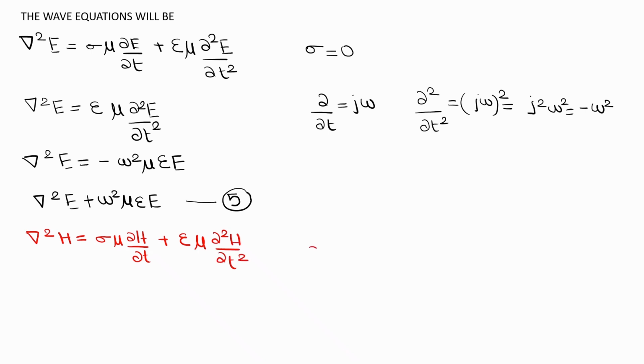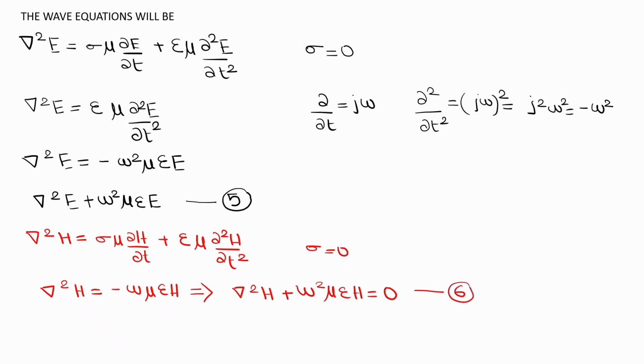And here we know sigma equal to 0. Then the equation becomes del square H equal to minus omega square mu epsilon H, which implies del square H plus omega square mu epsilon H equal to 0. That is equation number 6.